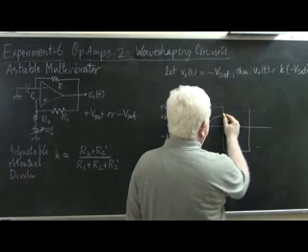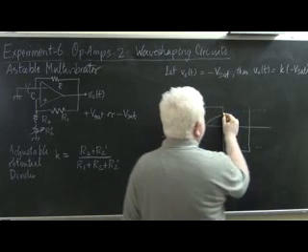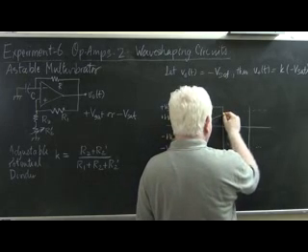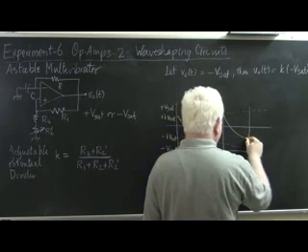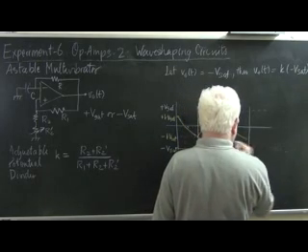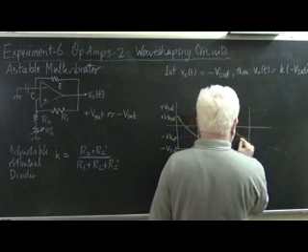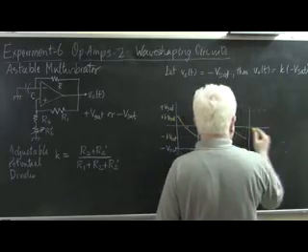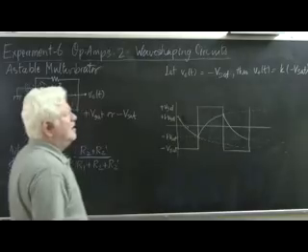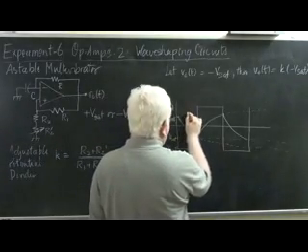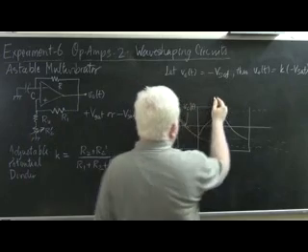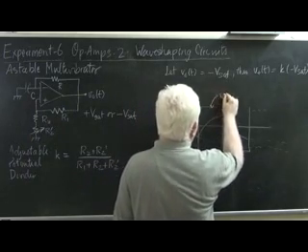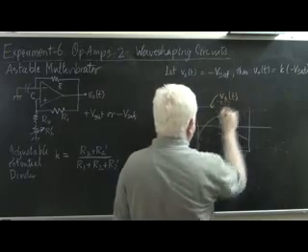So once again, the inverting terminal with the capacitor starts charging towards minus Vsat. So this is the capacitor voltage against time, and this is the op amp voltage against time.